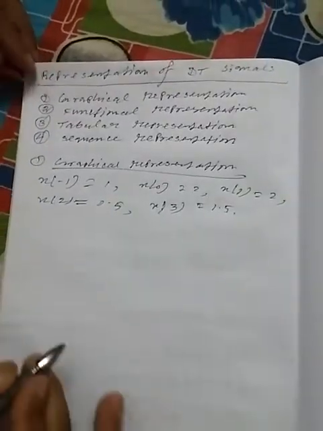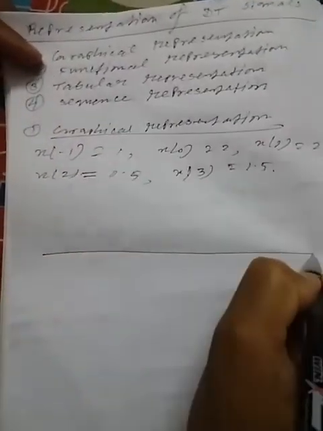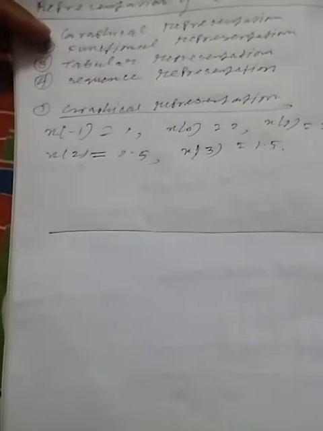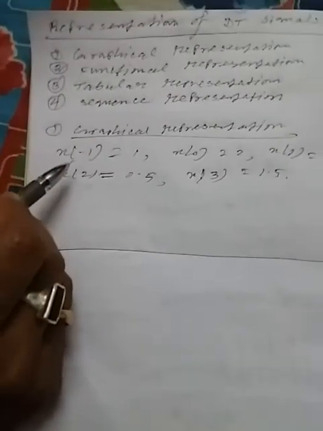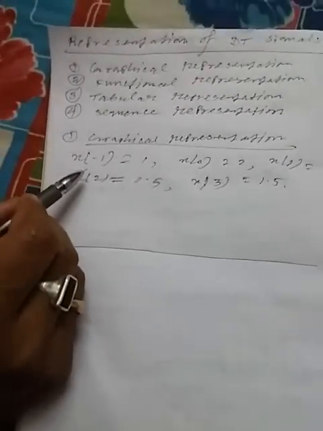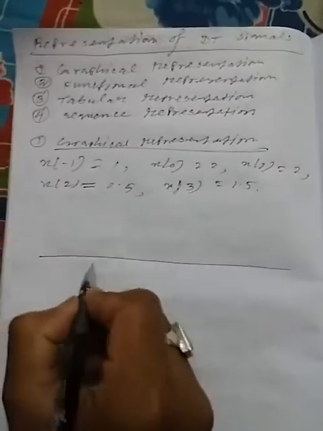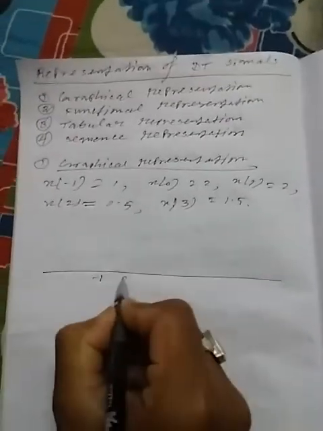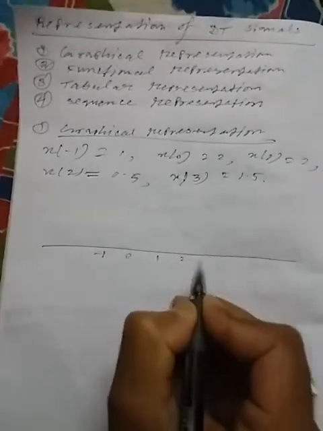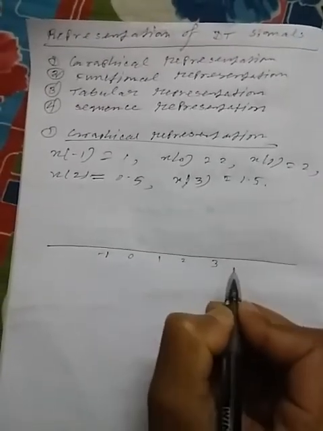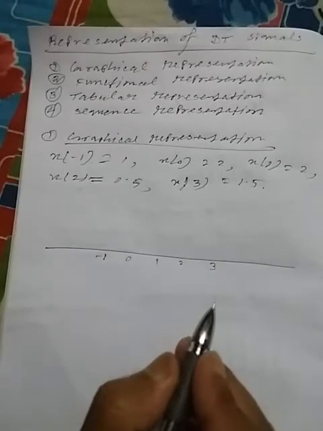Those are the values given. You have to represent this signal by graphical representation. For this, the values of n start from minus 1, then 0, 1, 2, 3, up to 3.